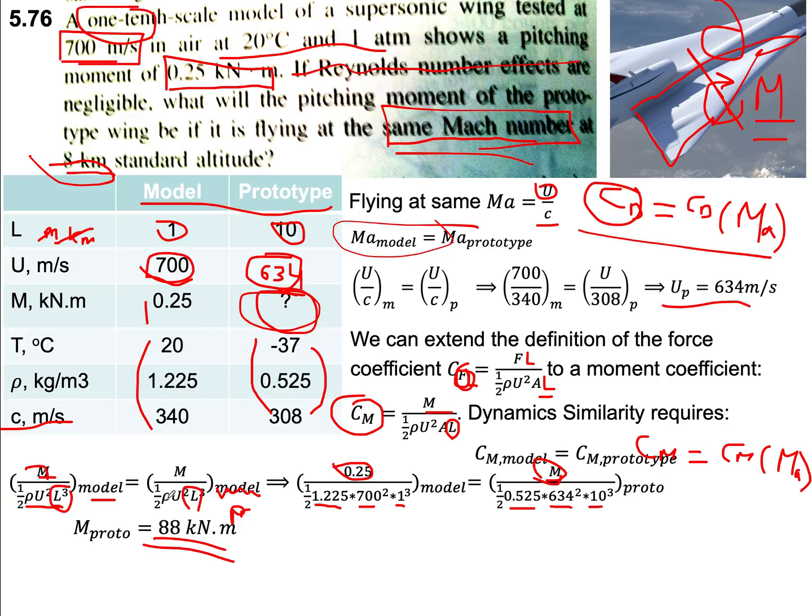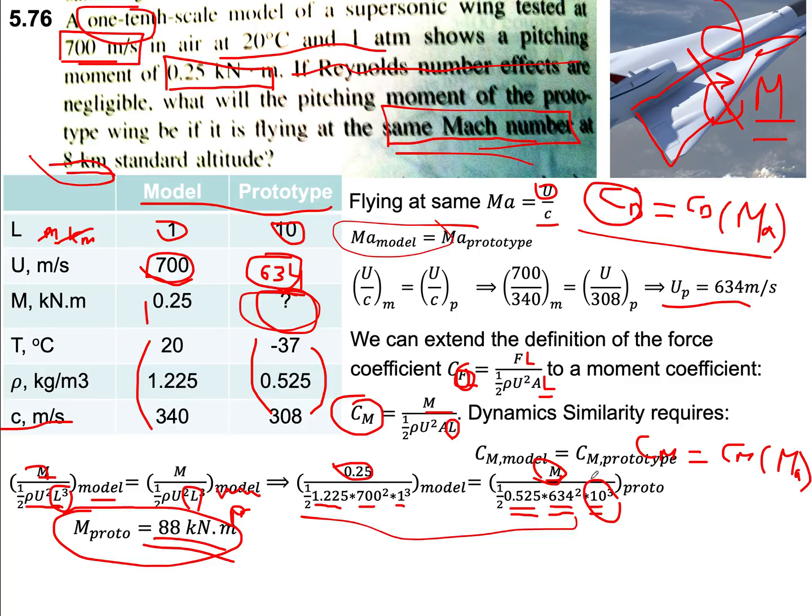That would be a big issue, because it doesn't scale linearly with the geometry. It has all those other factors too: the density effect, the velocity effect, as well as the length scale effect. The length scale effect is the most important one because it's cubed, then the velocity effect is squared, so that's the next important thing. And then the moment is linear with density.